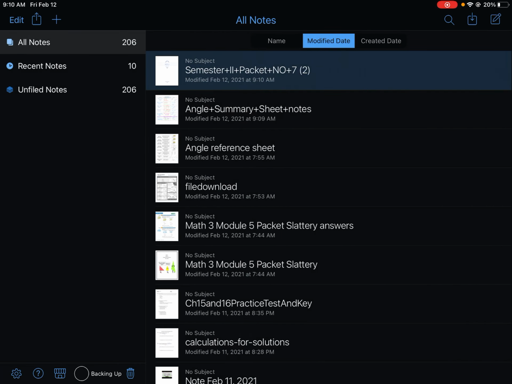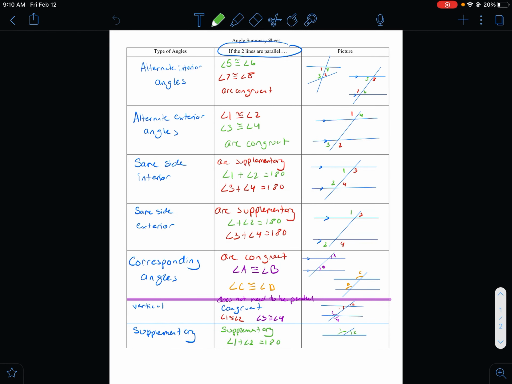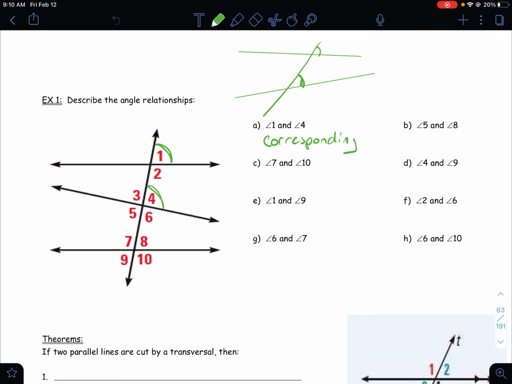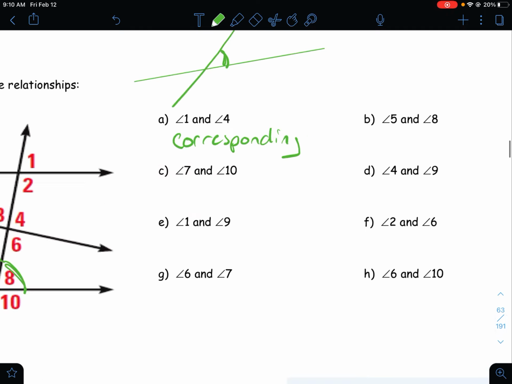If you look back on the note sheet, you'll see that, right? Corresponding angles follow that pattern. Then we have angles 5 and 8. If you look at your note sheet, you could see that these are going to be alternate interior.